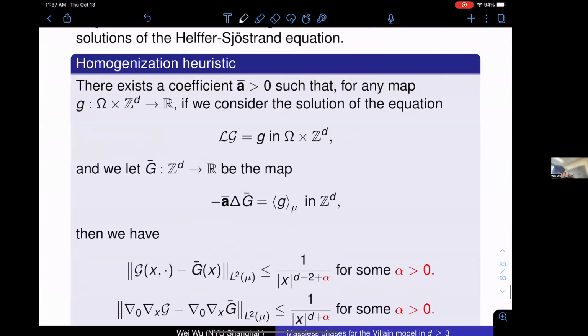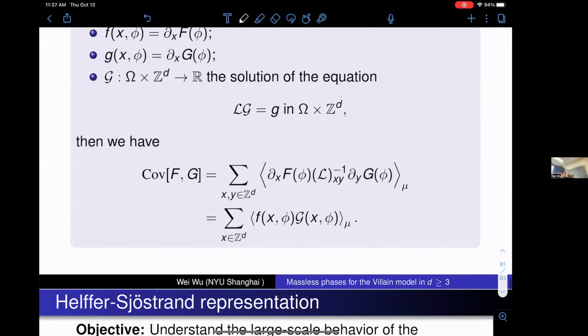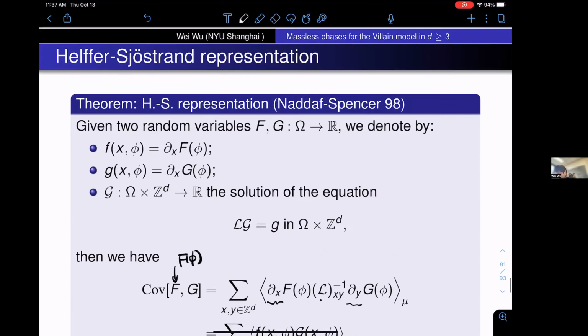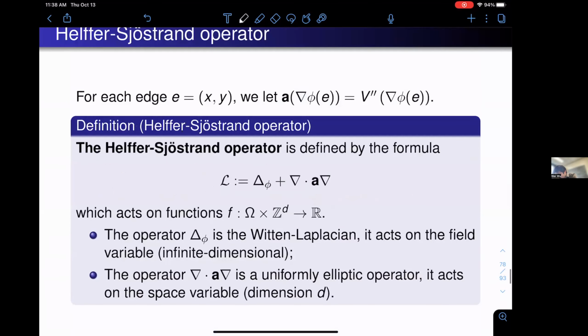In particular, we have the so-called Helffer-Sjöstrand representation here, which tells you that if I'm looking at two functions of phi under this gradient Gibbs measure, so they are actually different functionals of phi, then you can write the covariance in terms of this. So partial x means taking the derivative with respect to phi at x. Partial y is there. And L is an elliptic operator. Okay, so the specific definition of L actually looks like this.